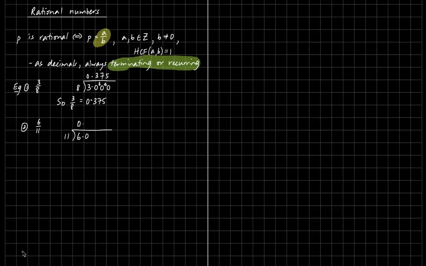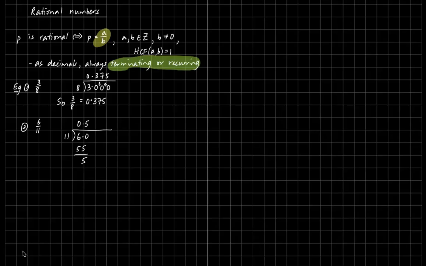So 11 into 60 is 5 times. 5 times 11 is 55, so we'll be subtracting 55 from 60. Now, I know we don't do a whole heap of long division, you might not have done much since late primary school, but this is a reminder of how we do it. We take away the 55 from the 60.